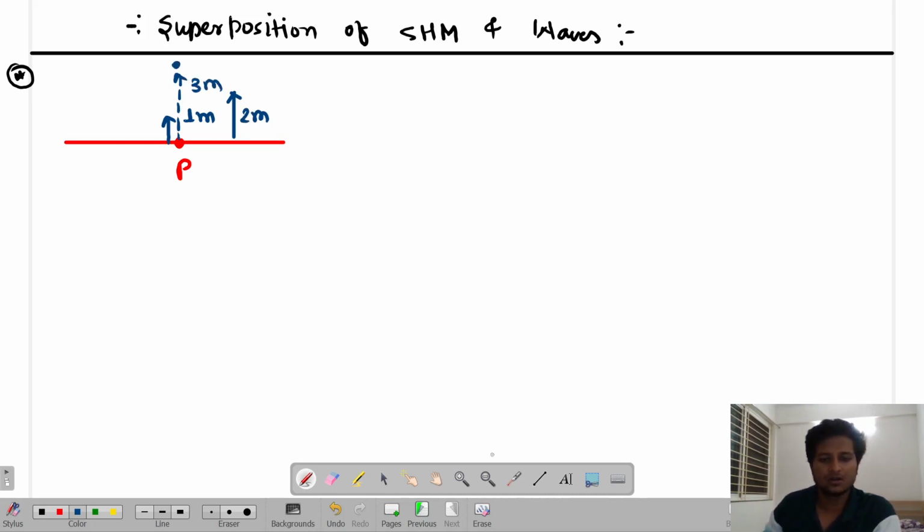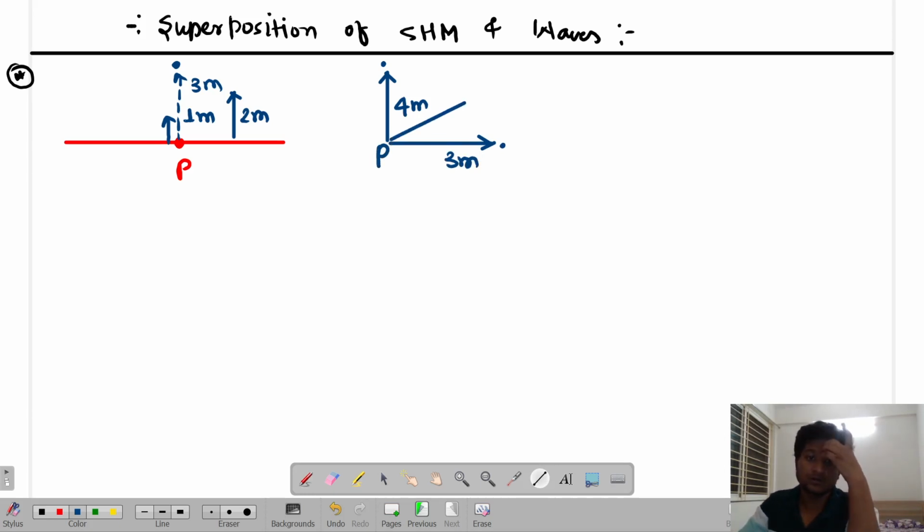And let's suppose if one SHM brings the particle by almost 4 meters, and the other brings the particle by 3 meters, then we got to know that this was almost equal to 5 meters of oscillation, isn't it? Means 5 मीटर का एम्पलीट्यूड हो गया.